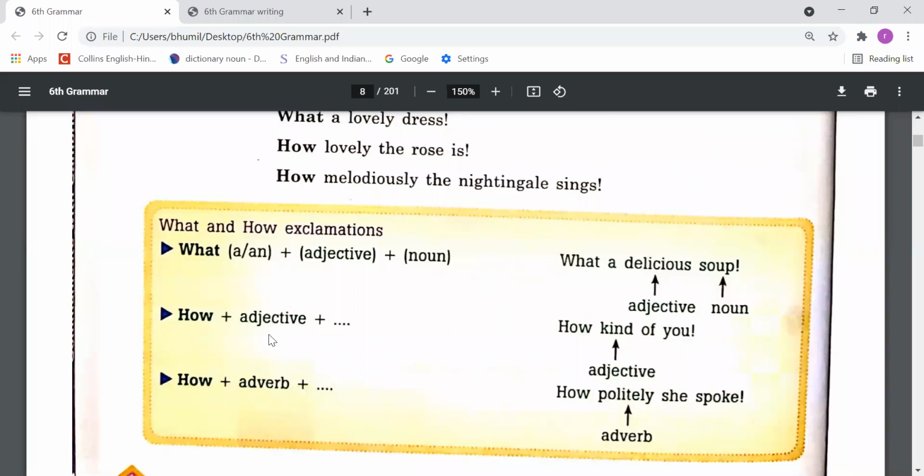Next, how plus adjective. Sometimes we can start our sentence with how too. So first of all, how we need to mention, then the adjective, like how kind of you. Next, how plus adverb. We can mention the adverb too with how, like how politely she spoke, right? So dear students, in this way you can make great exclamatory sentences.